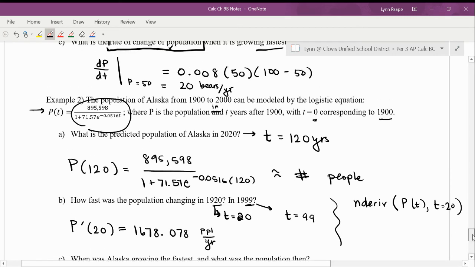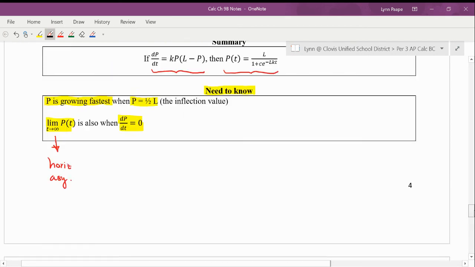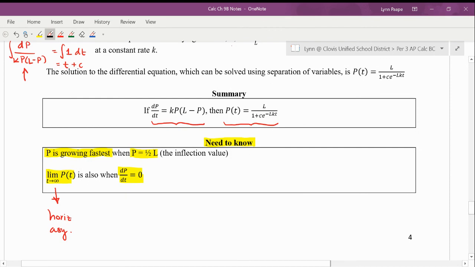Okay, and the other way that we can look at this, so I'm going to backtrack right here, is that because of this formatting, we know our L is some particular number, right? And so we know that this is my derivative equation. So I can put that in for L here, and then I have negative LKt. And from here, I can solve for what K is equal to, also some number.